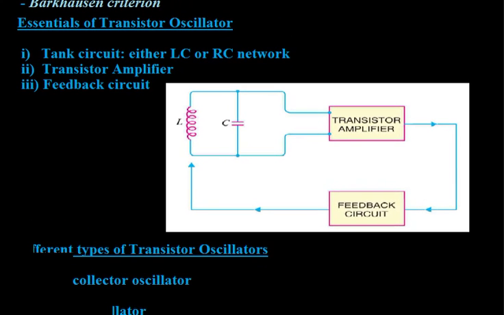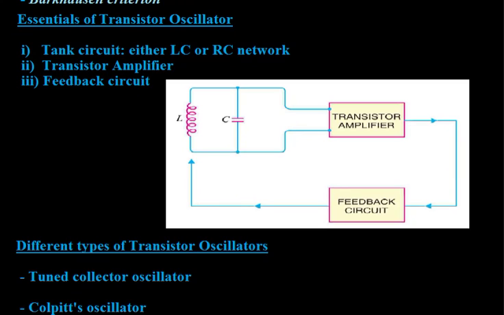I told you a transistor oscillator will have a tank circuit or an oscillatory circuit to produce the oscillations or to start the oscillations. This is achieved either through an LC circuit or through an RC circuit. We have discussed how an LC circuit can produce oscillation.